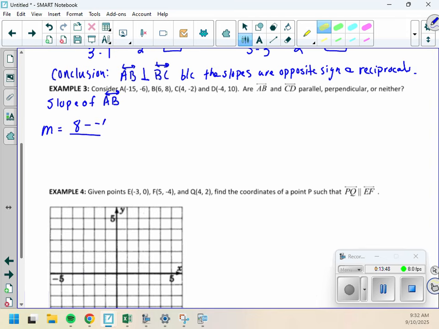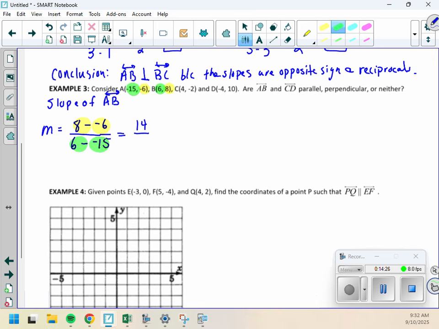So remember, it's always y's on the top. I want to show you exactly where this is coming from. I did 8 minus negative 6, and then I did the x's on the bottom, 6 minus a negative 15. So these double negatives will give me a nice positive 14 on the top. And in the denominator, it looks like I have 21. And if you simplify 14 over 21, divide by 7, you get 2/3.